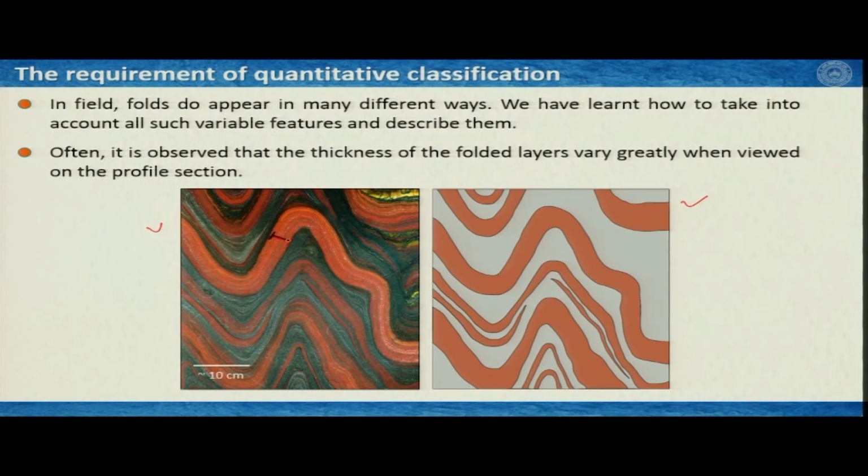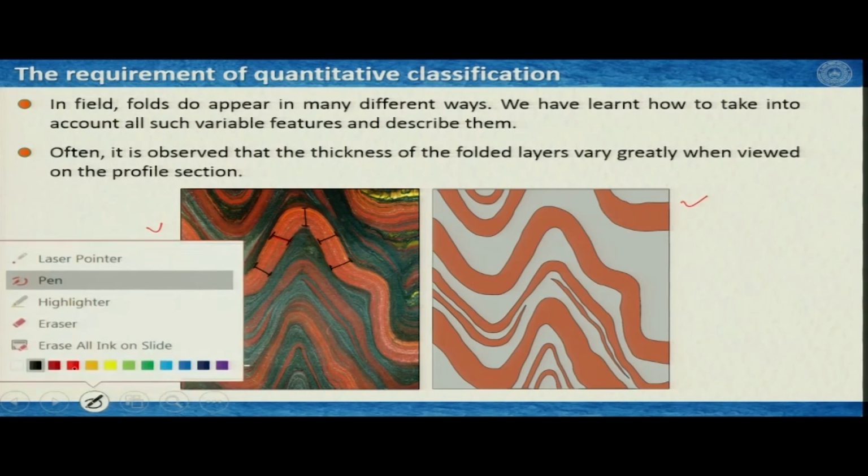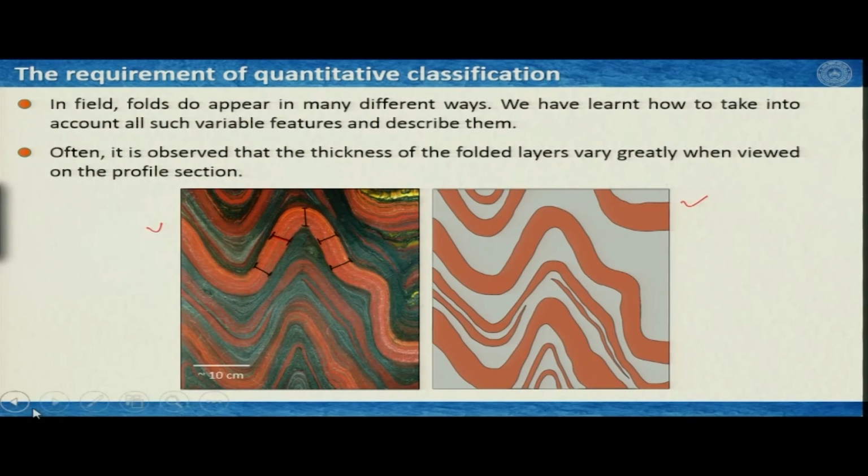If I measure here to here, here to here, and so on, we see that the thickness is more or less constant along this layer. However, if I approach the next layer, which is the iron-rich layer, the hinge thickness is much more compared to the thickness on the 2 limbs.